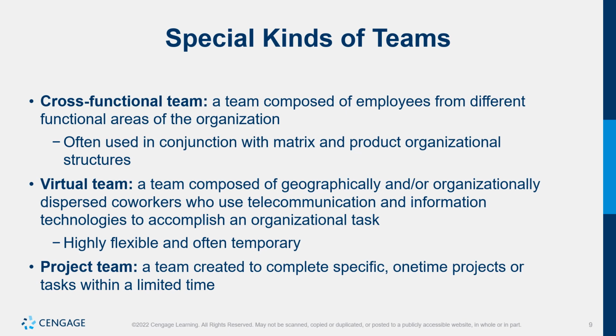Virtual teams are groups of geographically or organizationally dispersed coworkers who use a combination of telecommunication and information technologies to accomplish an organizational task. And project teams are created to complete specific tasks, usually a one-time project or tasks within a limited time.